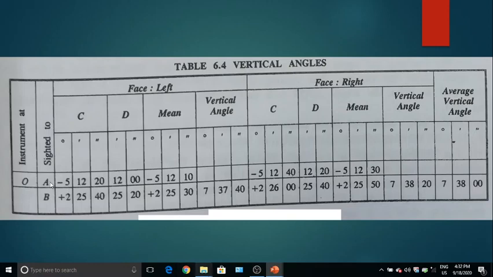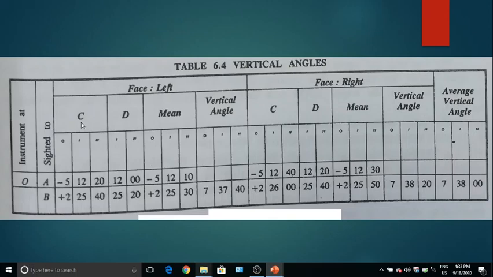Object A is at an angle of depression, and object B is at an angle of elevation. Now this is a tabular form for vertical angle measurement. At the left half you have the face left observation, in the right half we will have the face right observation, and then finally the average vertical angle.